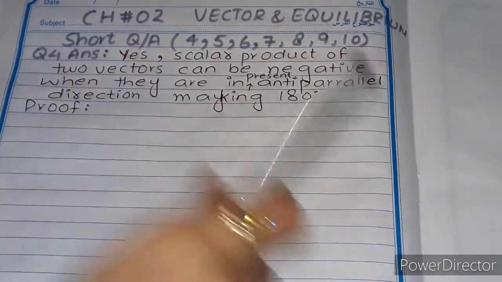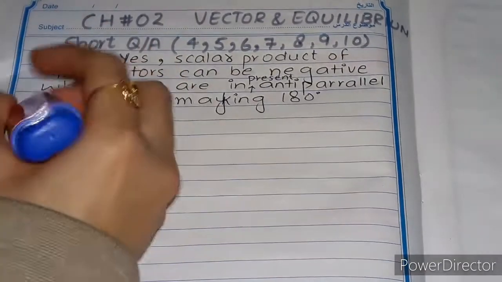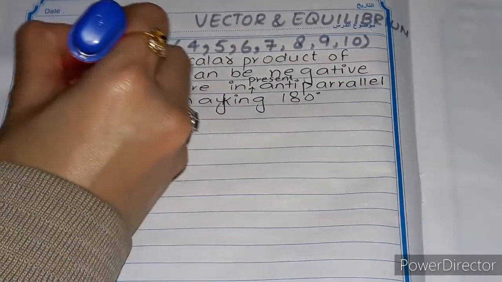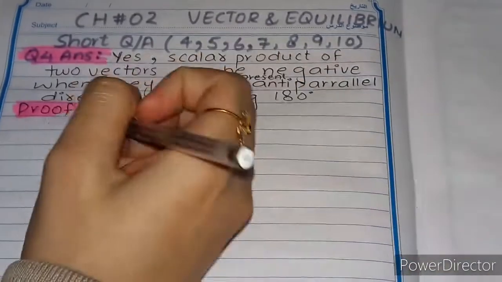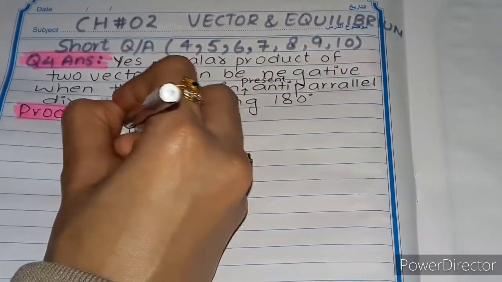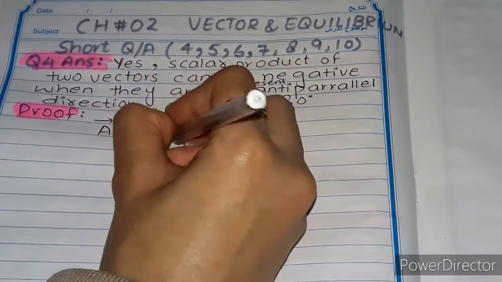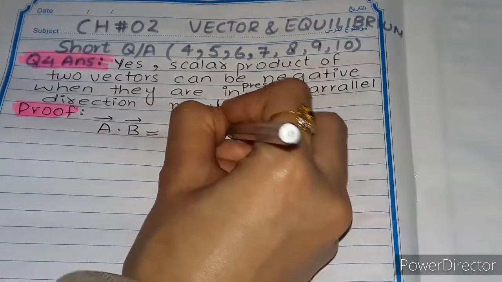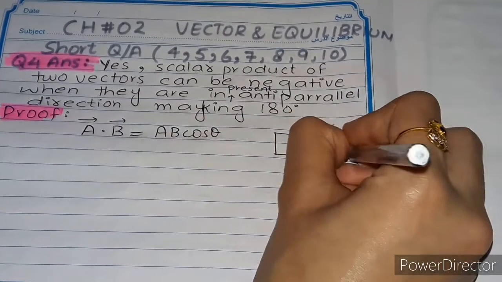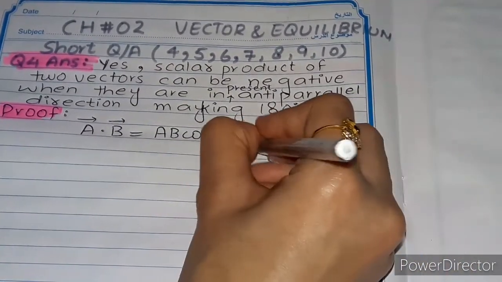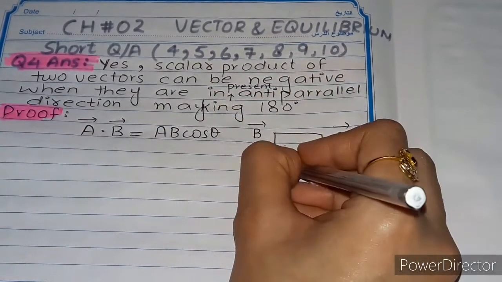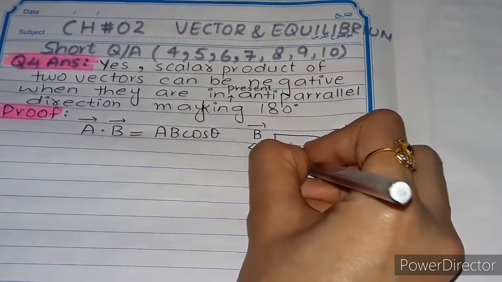Proof. How can we prove it? We can prove it by A dot B is equal to AB cos theta. So this is the vector A and this is a vector B. They are having angle 180 degree.